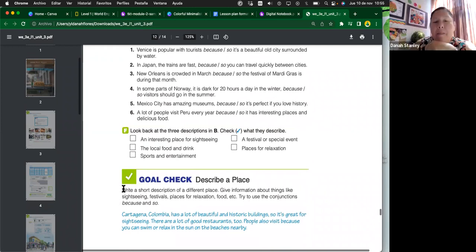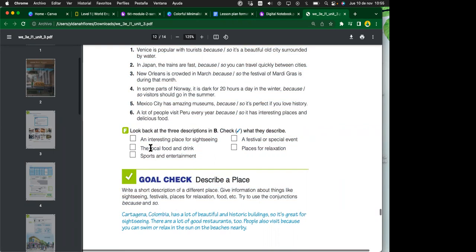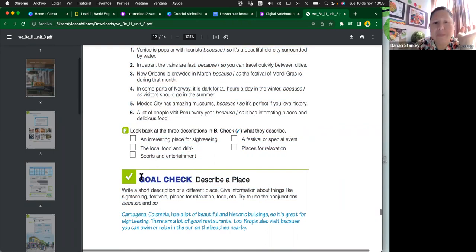It's just an idea. I don't know if this is correct, right? Because acuérdense que no hay ideas correctas o incorrectas, ¿ok? Okay.